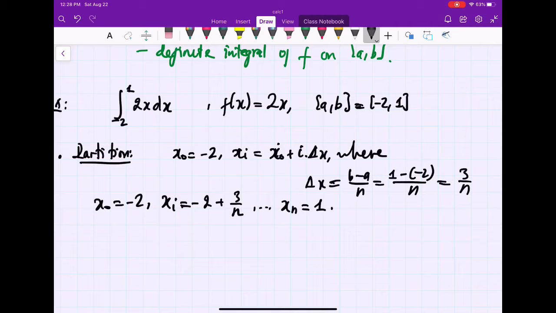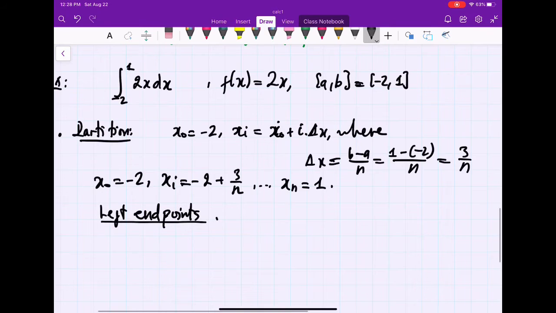Now you can write your Riemann sum using left or right endpoints, whatever you want. I would like to use left endpoints. So if we work with left endpoints, we need to start from the very first point, which is x0, and then we finish at xn minus 1.